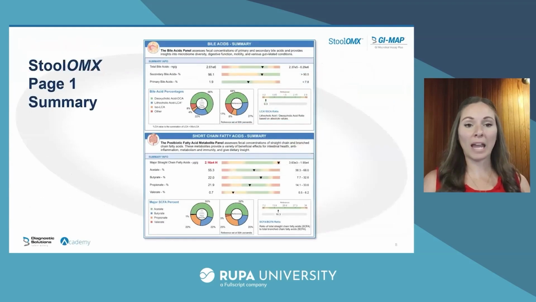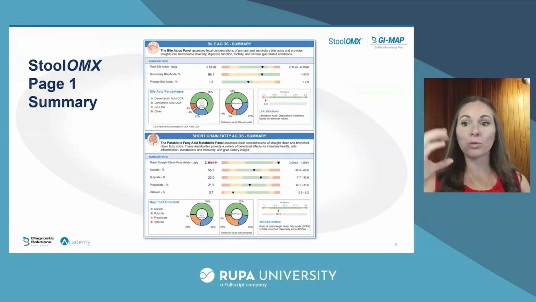That first page, this summary page on the StoolOMX report, is where we're going to get the bulk of the information that we need for interpretation and making alterations or treatment decisions. What we see on this page, you can see it's split into 2. We've got bile acids on the top and short chain fatty acids on the bottom.